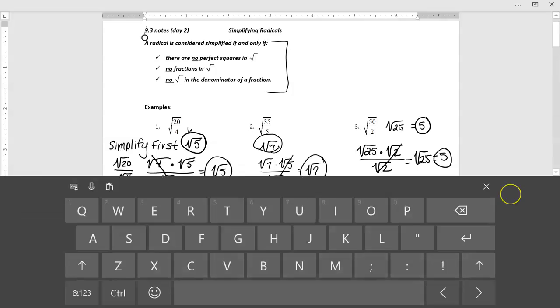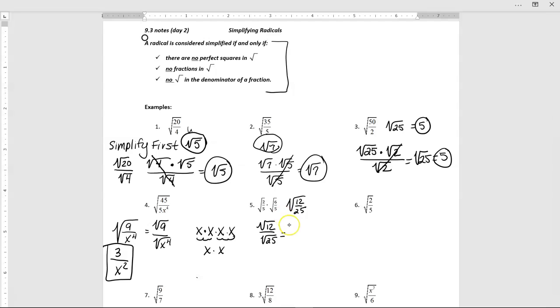We can break down the square root of 12 to the square root of 4 times the square root of 3. And the square root of 25 is 5. So now the square root of 4 is 2, so that comes to the outside of the radical. So we have 2 root 3 over 5. We can't simplify any farther, so we're done.